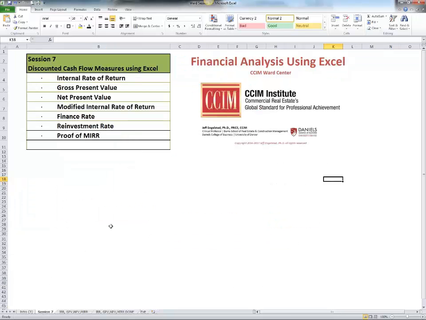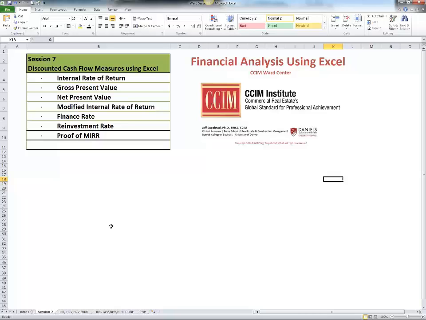In Session 7, we're going to take a very good look at the modified internal rate of return as it relates and opposes to the internal rate of return. We're also going to look at the concept of net present value in terms of the concept of gross present value or investment value. And so we're going to be looking at the reinvestment rate assumption within the internal rate of return or lack thereof.